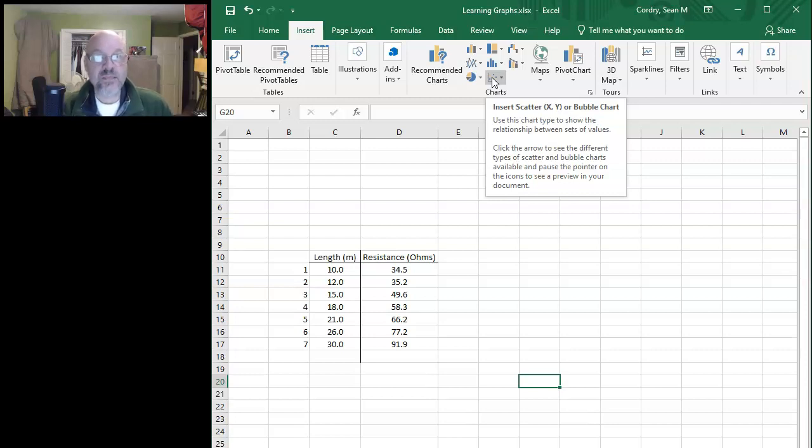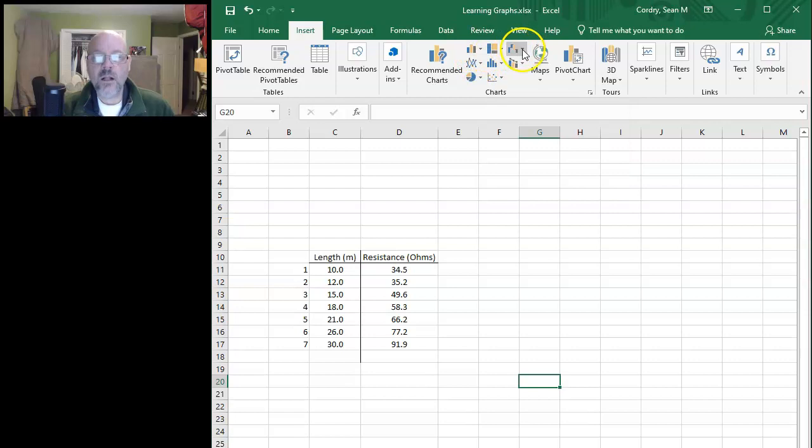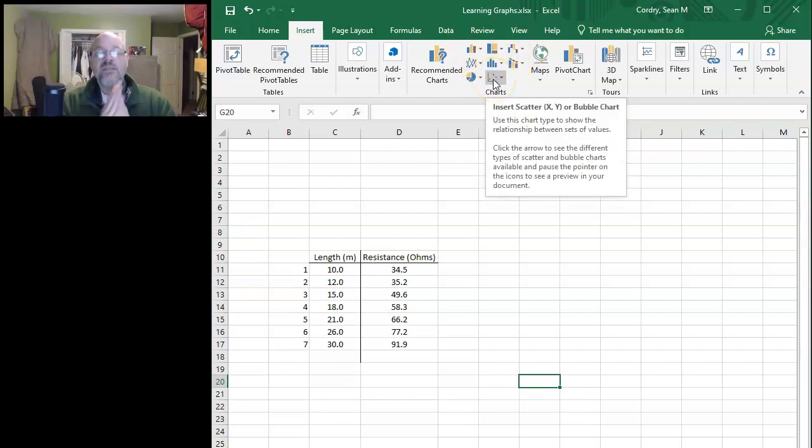Now the difference between this and all of these others is that with scatter, the sequence in which the data appears depends on whatever the independent value is. So it puts them in order according to the independent data points, in other words, your X data points.